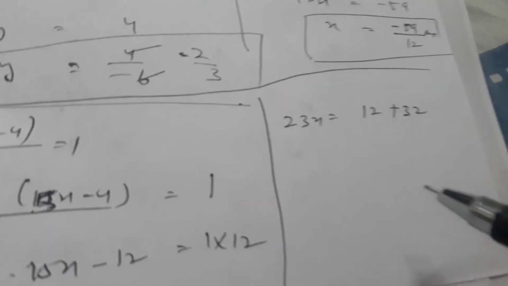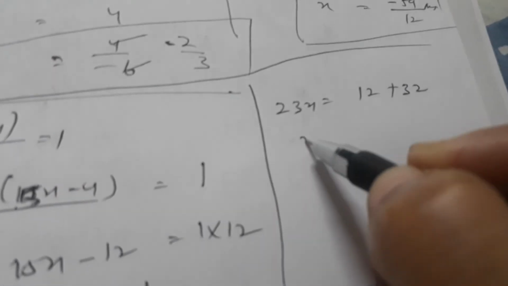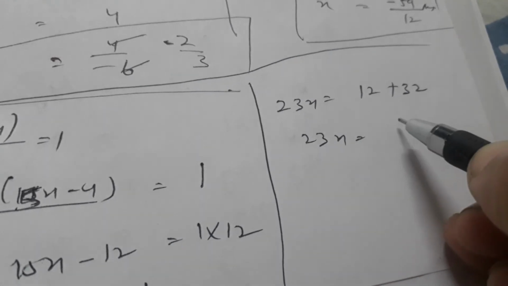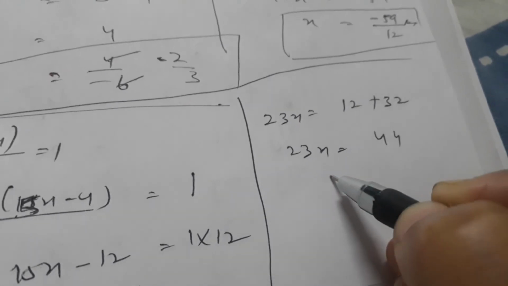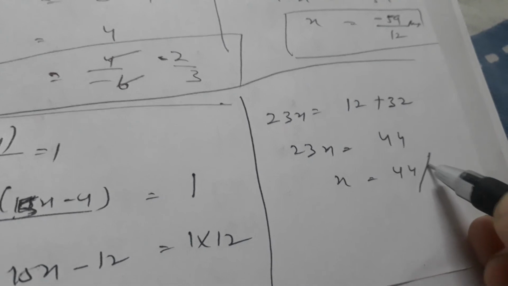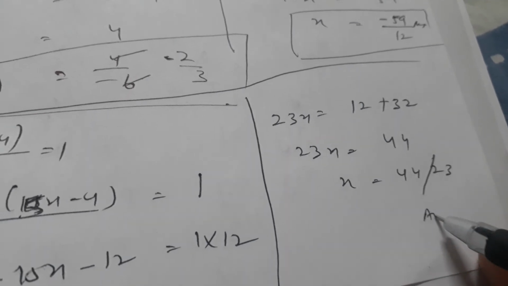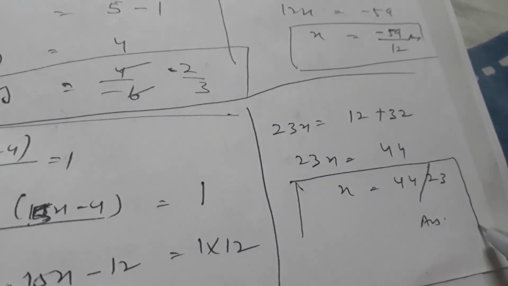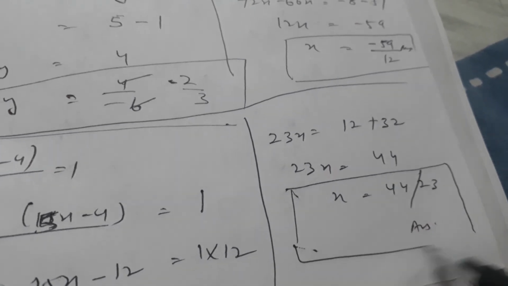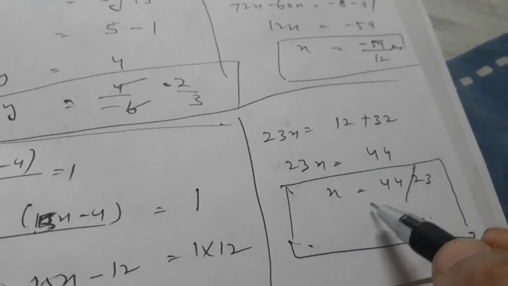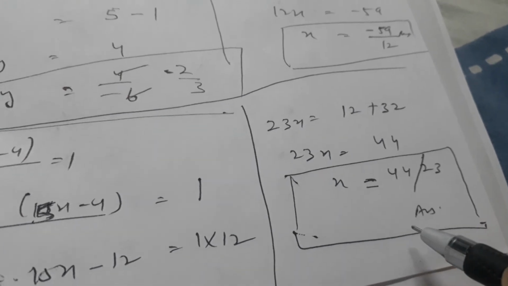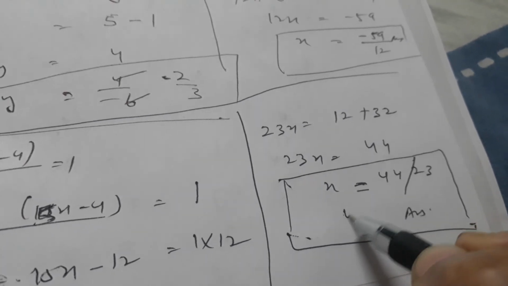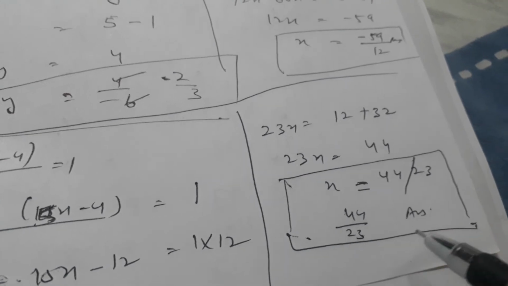So 23x is equal to 12 plus 32, which means 44. So x is equal to 44 by 23, which is our answer. So the answer of part 12 of exercise 8.1, chapter linear equations in one variable, is x is equal to 44 by 23, or we can write it like this also.